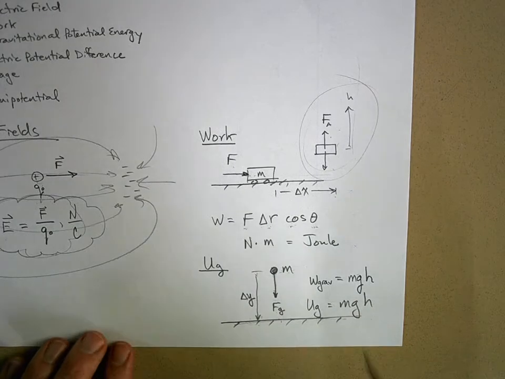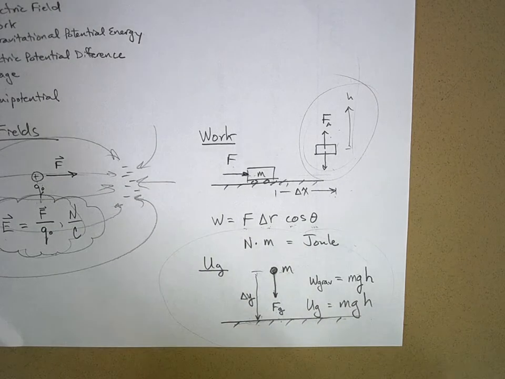Well, now we're going to take these ideas and extend them into what happens if I put an object that has a net charge in an electric field. And we're going to ask ourselves, how much work can that electric field do to the object? And we're going to call that electric potential energy. And then we're going to divide it by the charge on that object, and we'll call that electric potential. So let's go ahead and get to that.